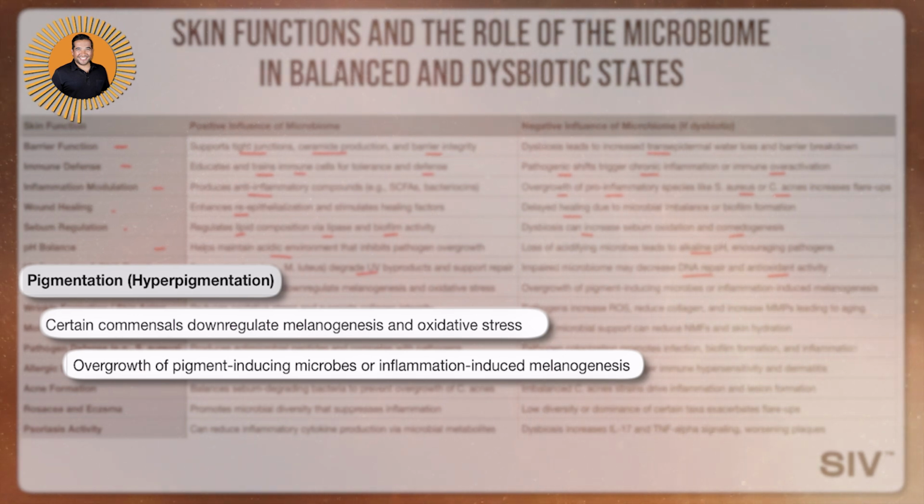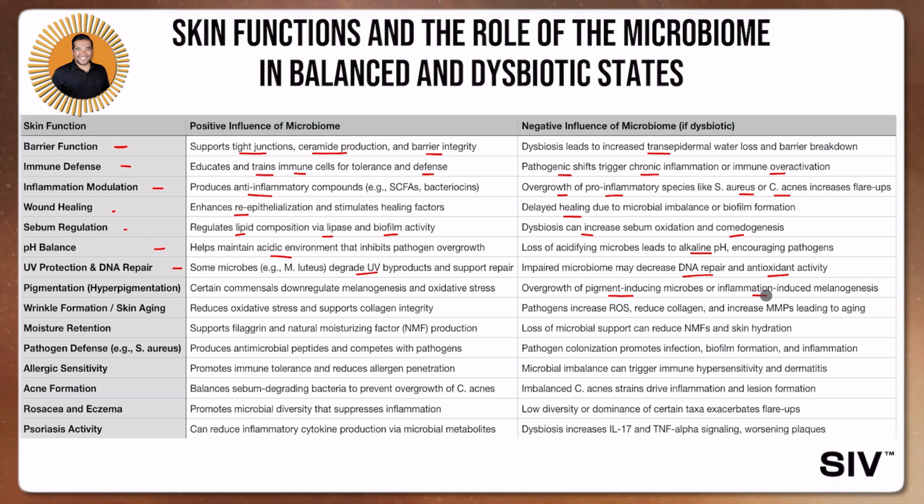And so microbes on the skin prevent this. And then if you are dysbiotic and you've got a dysfunctional microbiome, you tend to get an overgrowth of pigment-inducing microbes or inflammation-inducing melanogenesis. And so these are microbes that can actually induce more melanin production, leading to more hyperpigmentation.